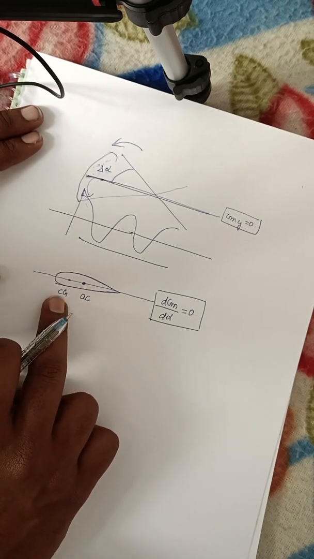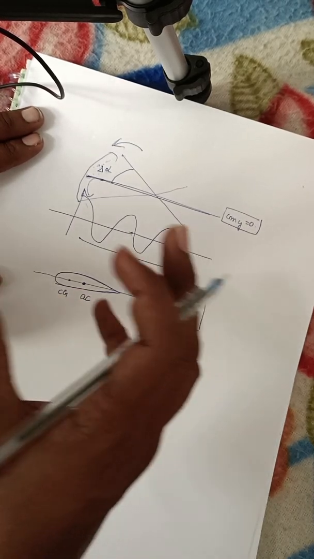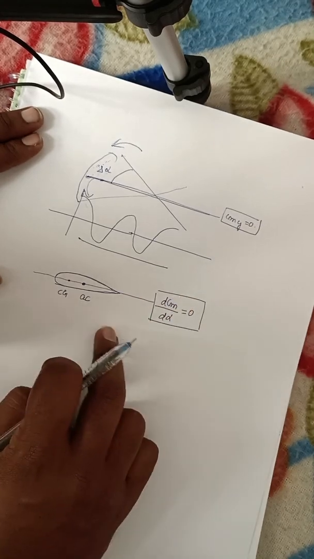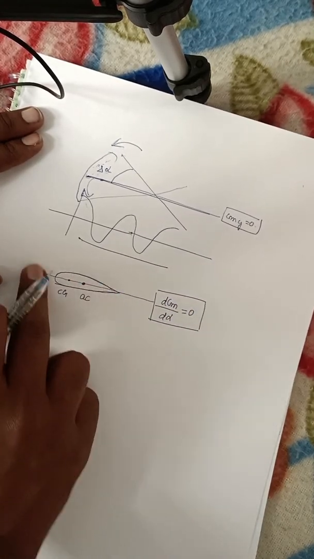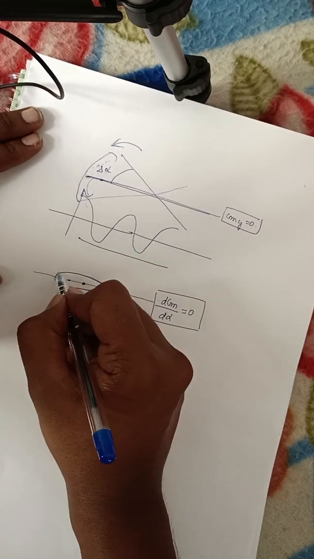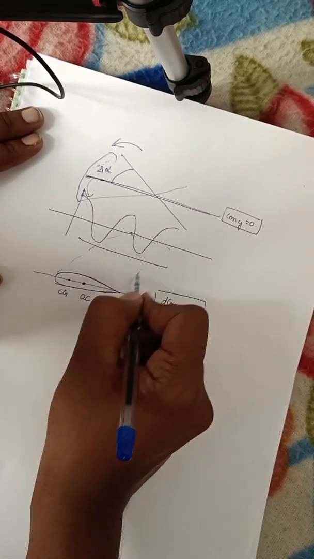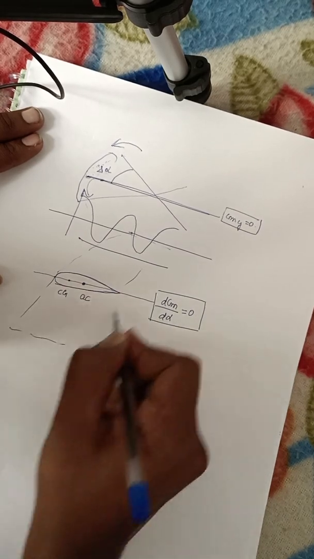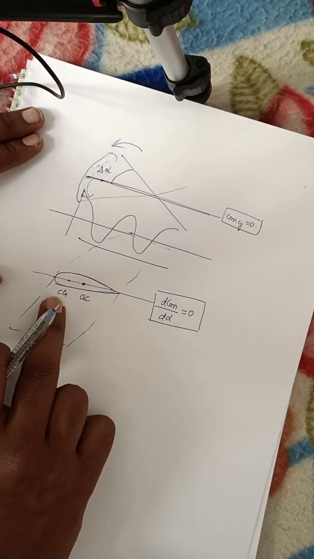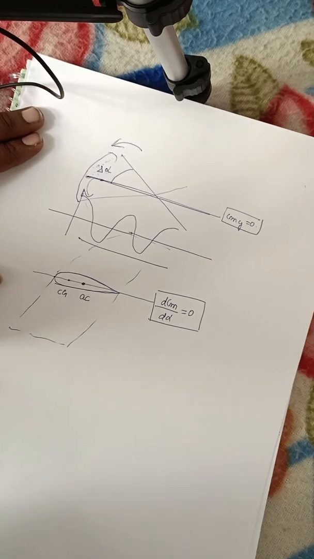What is center of gravity? Where the whole weight of the aircraft is assumed to be concentrated, that is called center of gravity. But here I am considering only an aerofoil or only a wing. Take it as a wing. This is the center of gravity of the wing, and this is the aerodynamic center of this wing.